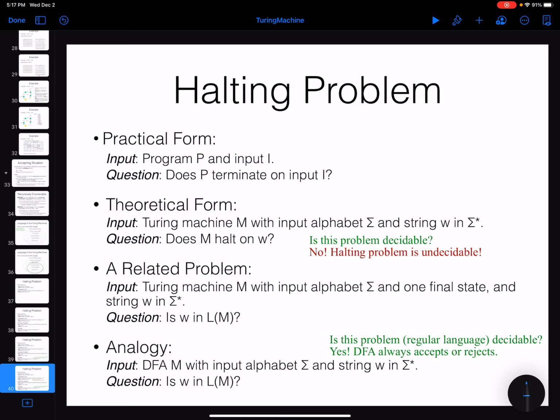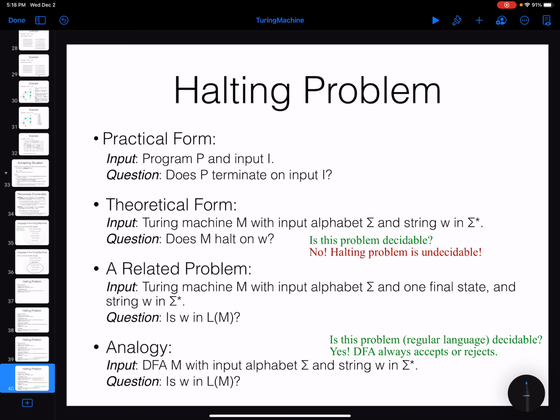Again, I'm just trying to emphasize the fact that because your Turing machine can represent recursively enumerable problems, it is possible that your Turing machine goes into an infinite loop. That's why you cannot even check if the Turing machine is going to halt over a string or not. If the language is recursive, yes, this is going to be decidable.